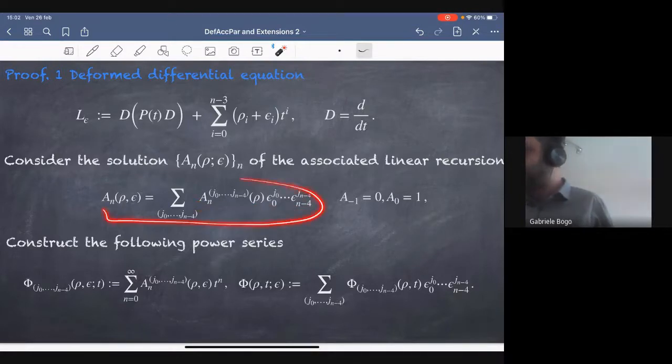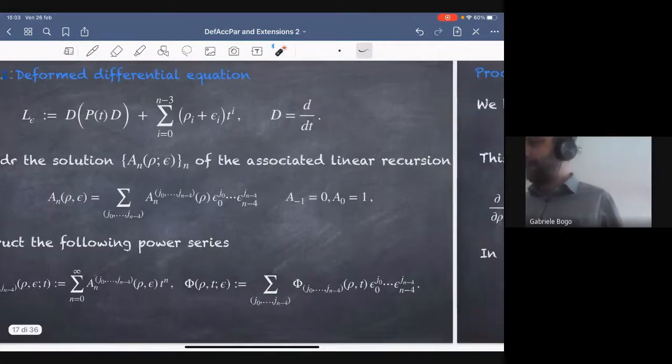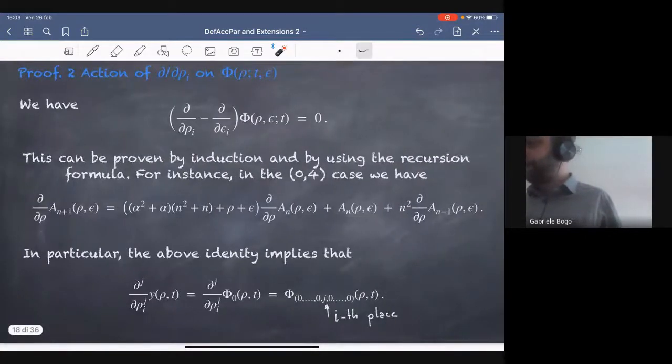Out of this solution of the recursion, you construct two power series. The first one is the generating function where you fix one index, and then construct the generating series with respect to powers of t. The second one, you just sum over every possible index.